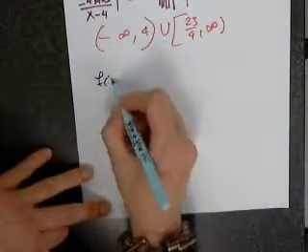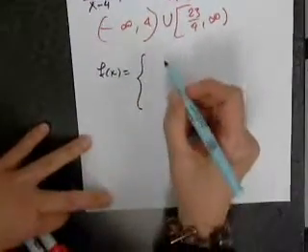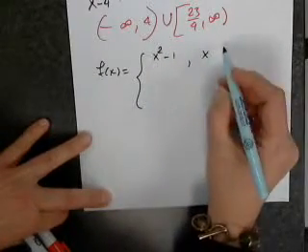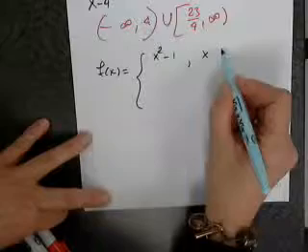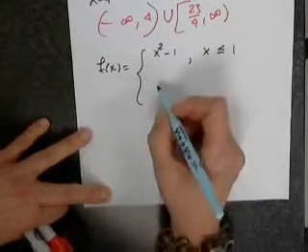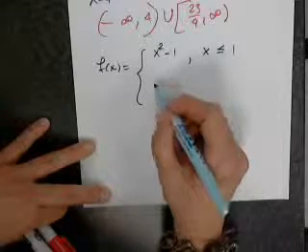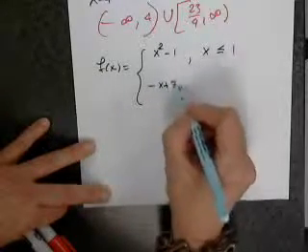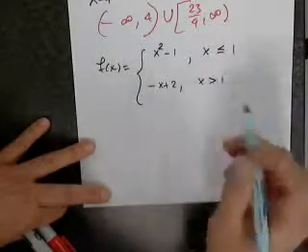So let's say we have f of x, which is x squared minus 1 for x less than or equal to 1, and negative x plus 2 for x greater than 1.